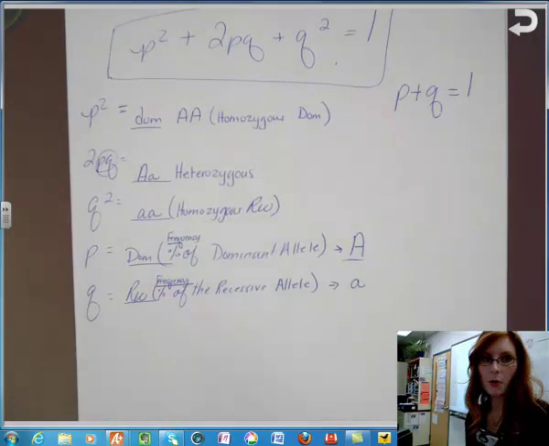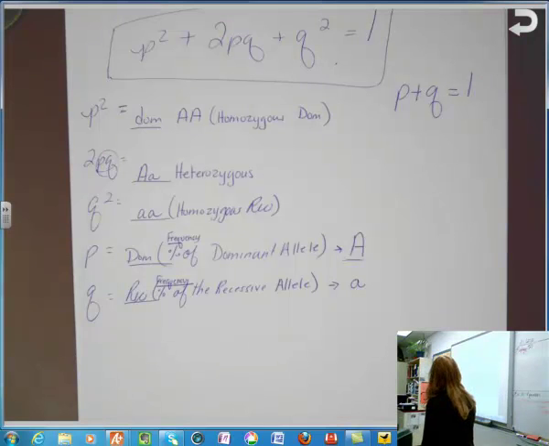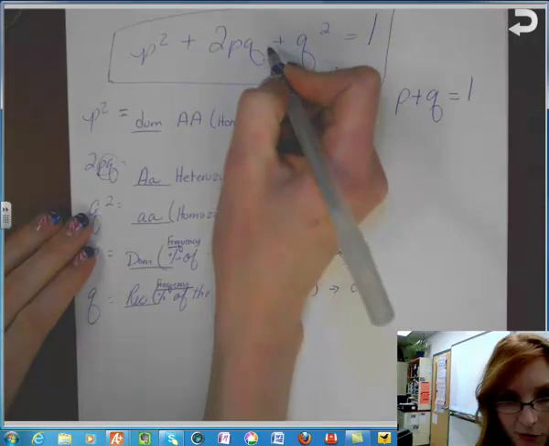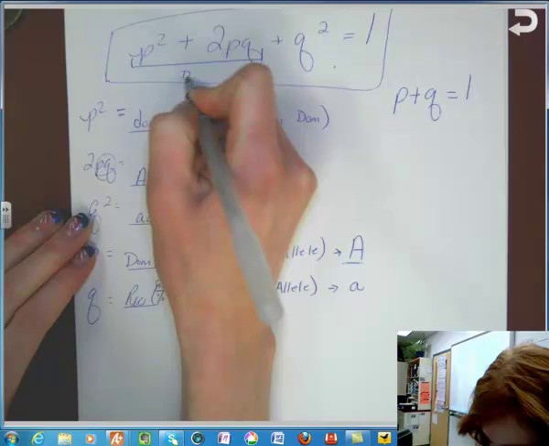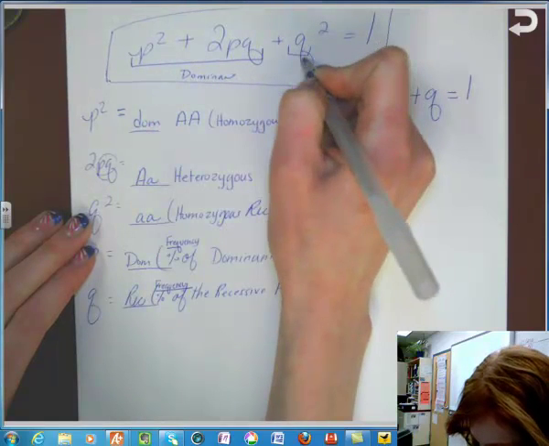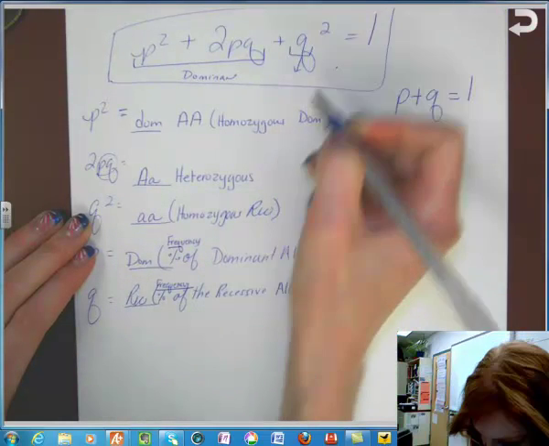So, when you solve a question like this, we're just dealing with complete dominance questions. We're not going to get into any that are really complicated here. When I refer to this part of the equation, this is going to reference the dominant trait, and this is going to reference the what? Correct, recessive.